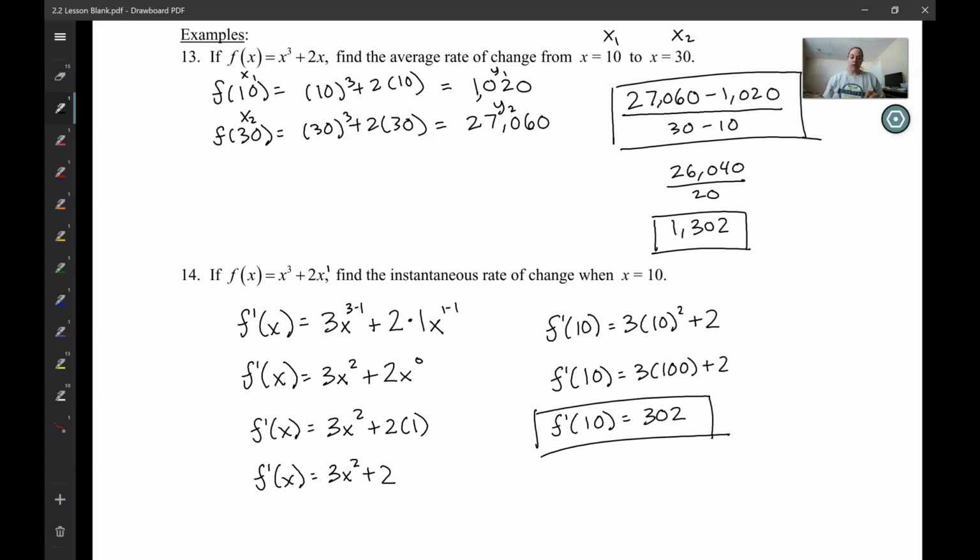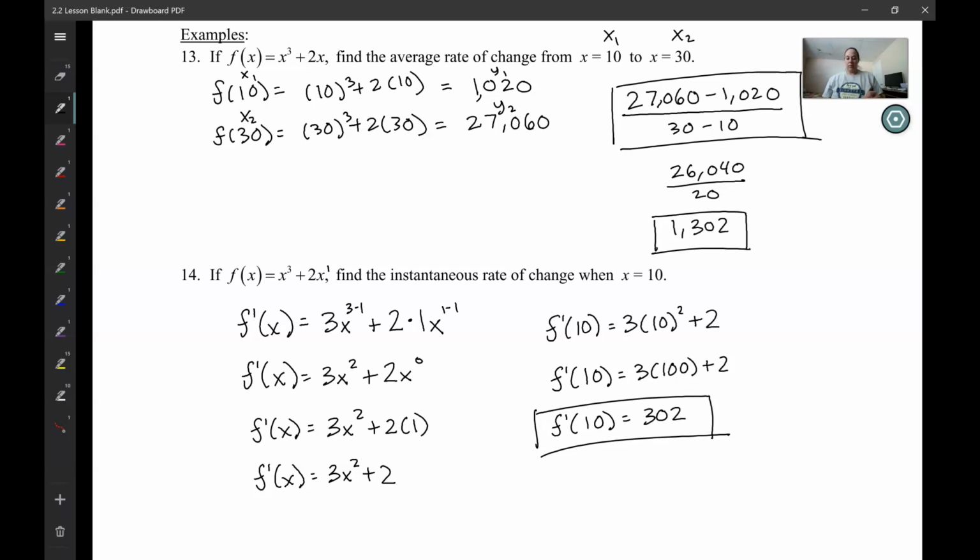Even though it's not written there, it's a 1. So I'm going to take the 1 down in front and then do the exponent minus 1, which when I simplify that, my 2 times 1 gives me 2, and my 1 minus 1 gives me x to the 0. But anything to the 0 power is just 1. So then it simplifies to this.